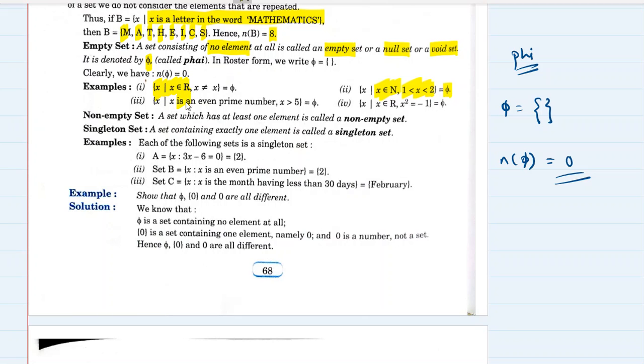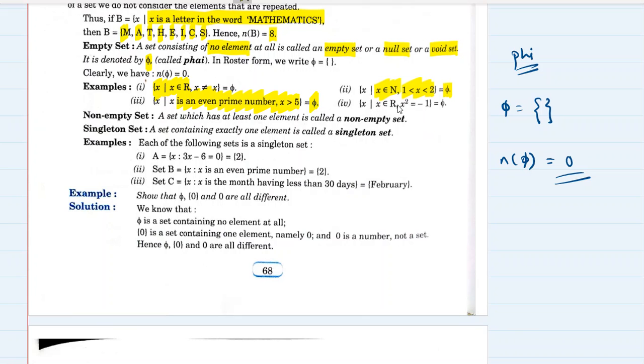Next, X such that X is an even prime number and X is greater than 5. There is only one even prime number, which is 2. There is no other even prime number greater than 5. All the prime numbers greater than 5 are odd, and that's why this is a null set.